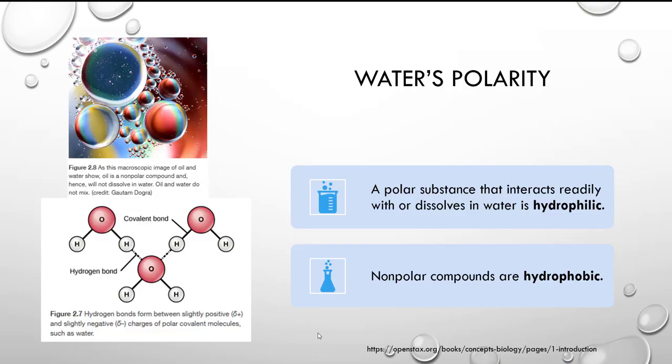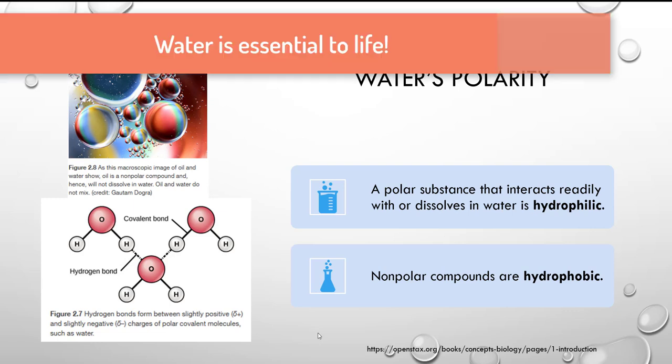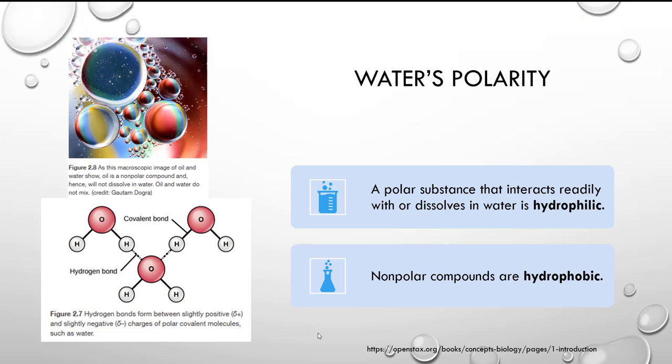So first off, water is very important to life. You might think about when we're exploring the universe. It seems like astrophysicists are always looking for water on other planets out there, because that is an indicator that there's possibly life on those other planets.